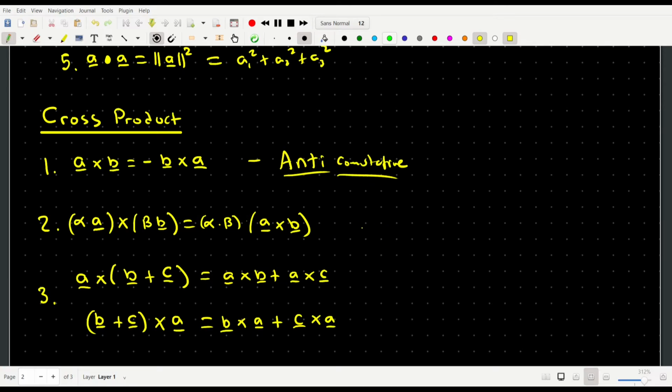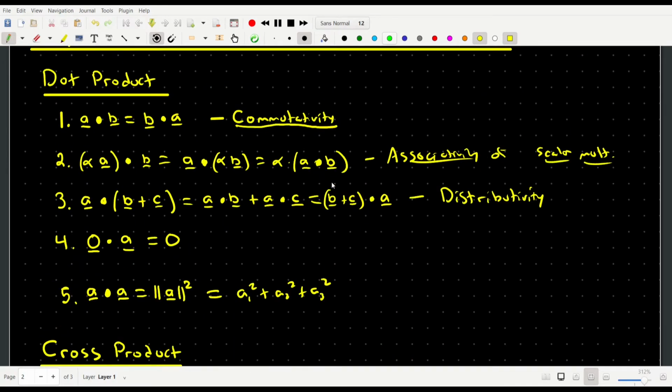It does have nice associativity properties similar to the regular dot product, which is that alpha A cross beta B is equal to alpha beta times A cross B, which is pretty much the exact same thing as this associativity law.